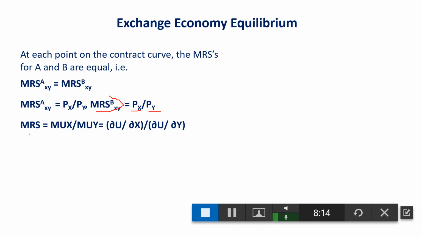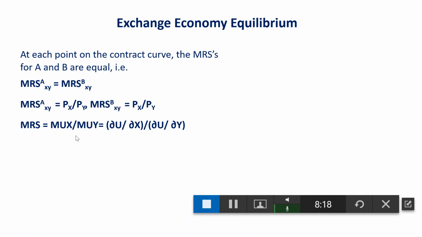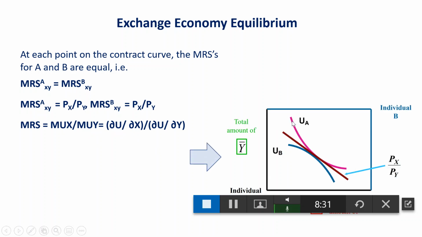So the marginal rate of substitution can also be equal to the marginal utility of X divided by the marginal utility of Y. In the graph, you can see the utility curves of A and B are tangent to each other at the Pareto optimal point.